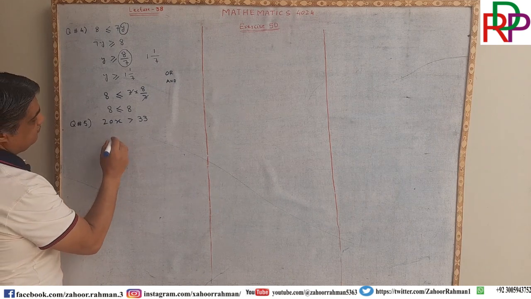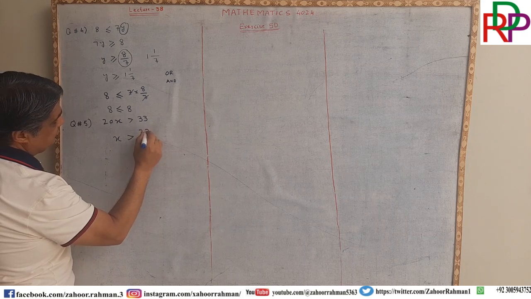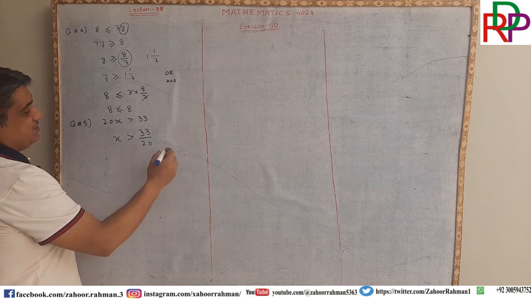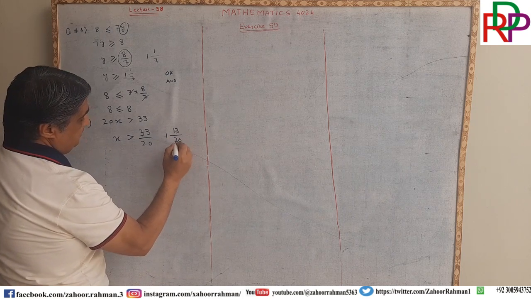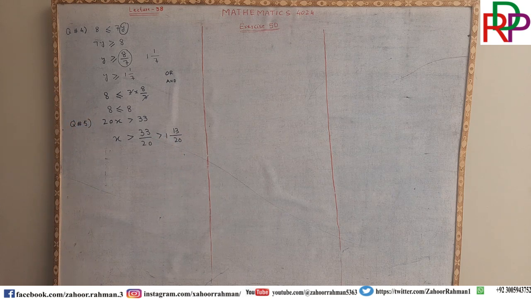So dividing both sides by 20, we will get 33 divided by 20, which is equal to 1 whole 13 over 20. It means that we have to find such value of x which is satisfying this condition, and they wanted us to find the smallest prime number.